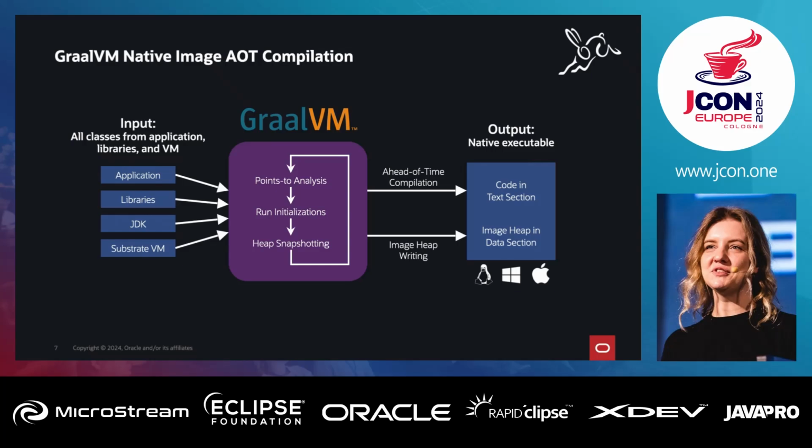So that is one part of the story, and often people call native image an ahead-of-time compiler, but that is not the full story. So another interesting thing that native image is doing, it's looking at your classes and your application code, and it's trying to pre-populate the heap. So populate your heap with objects and take a snapshot, so then you can start with a pre-populated version of your heap much faster.